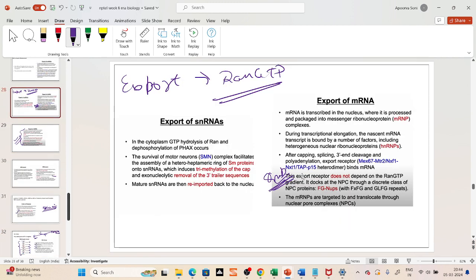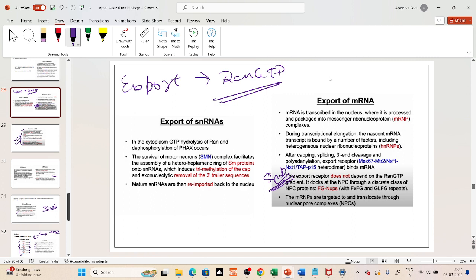In any export or import process, the first thing is that your RNA will bind to a receptor. Now that export receptor requires RAN GTP. In every case, whether it is exportin 1, exportin 5, exportin 7, whatever, the receptor requires RAN GTP.